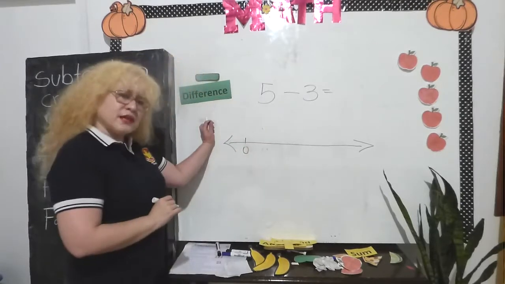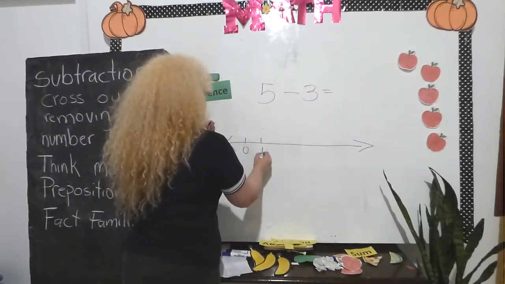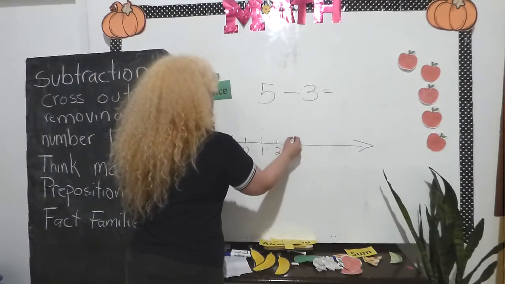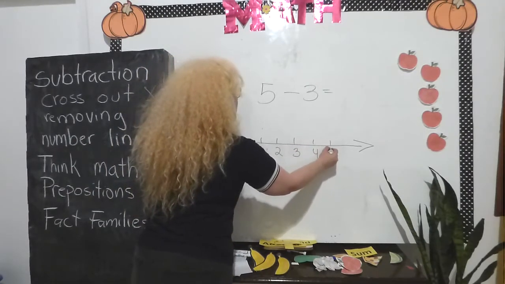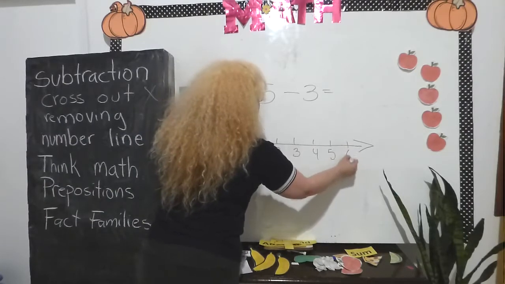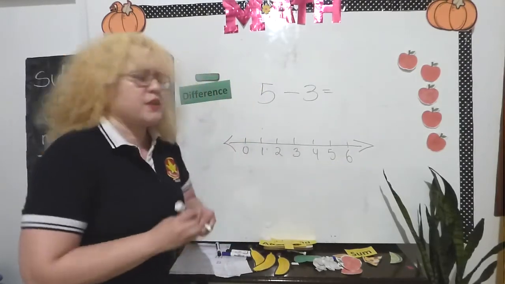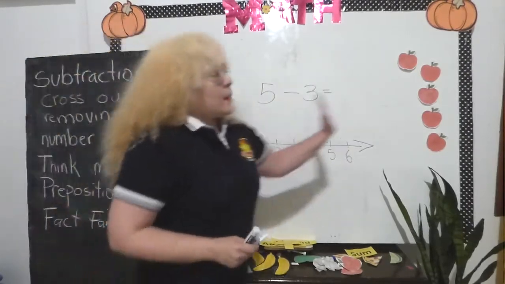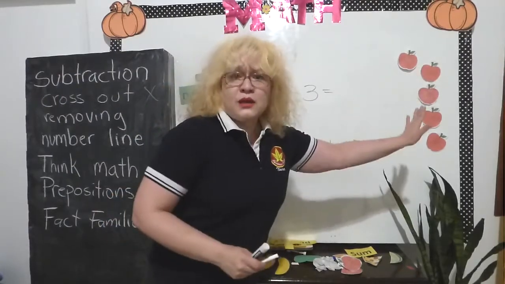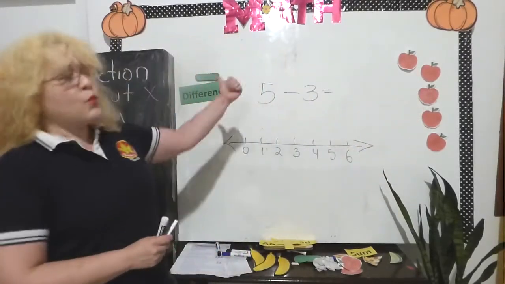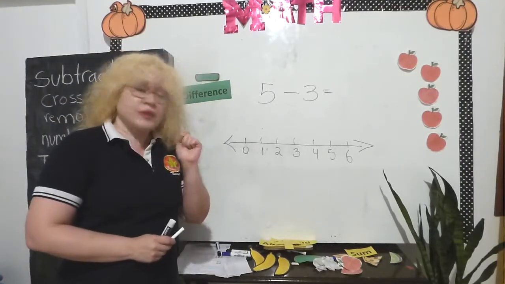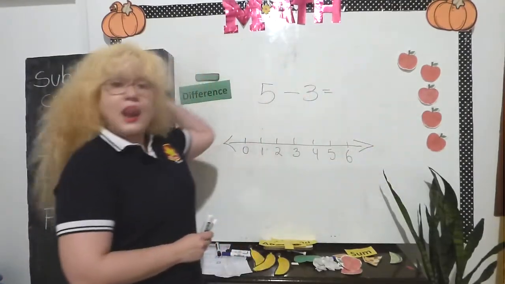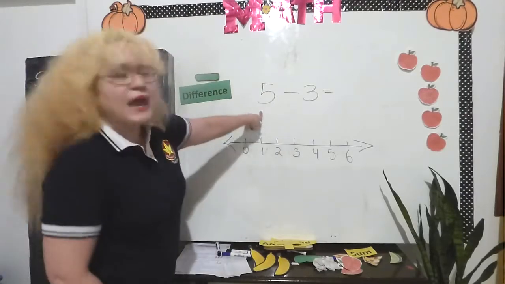I start with 0 and 1, 2, I'm gonna stay on 6. The more you go that way, the bigger the numbers. The more you go that way, the smaller the numbers. Okay? More, less. Okay, I have 3.